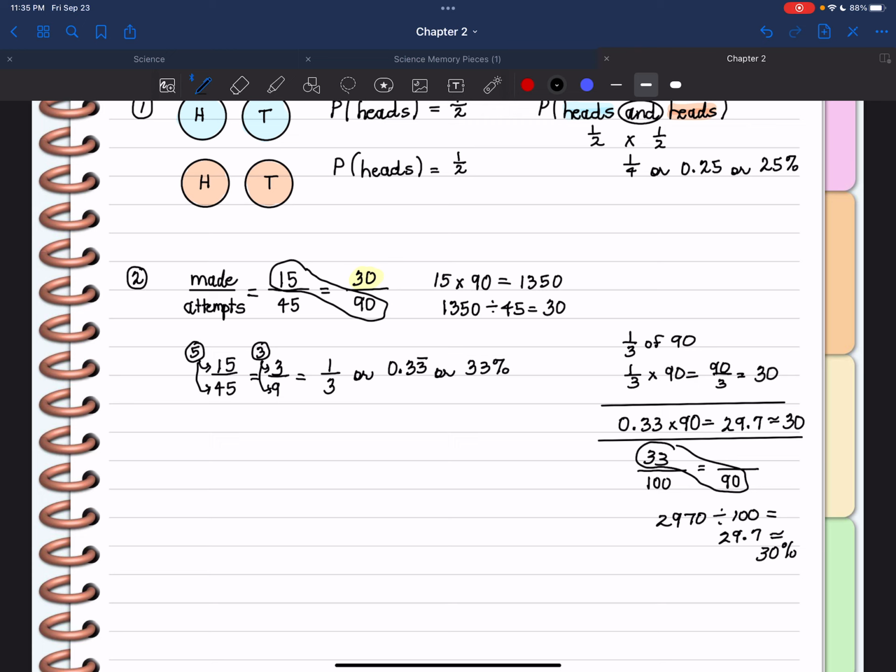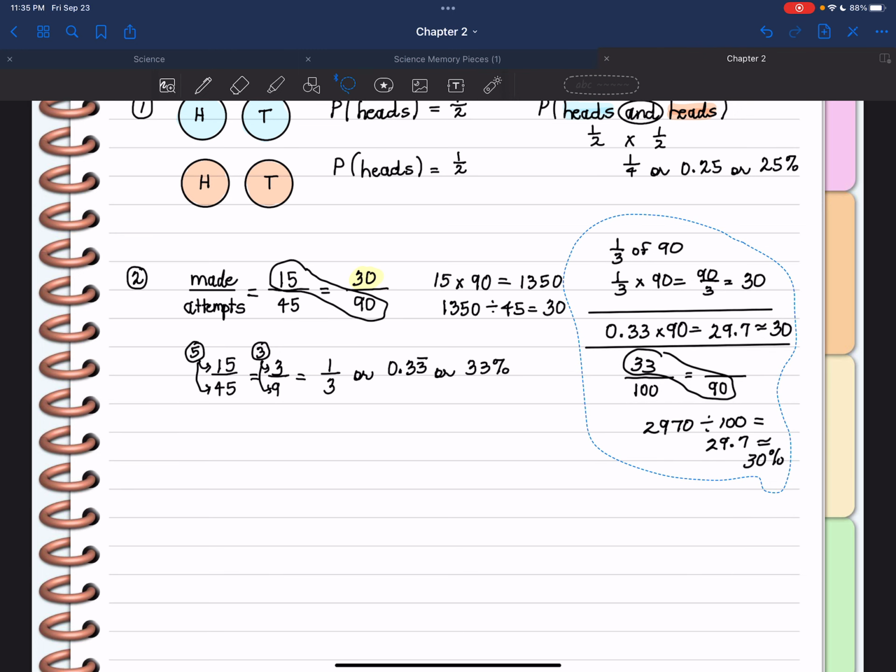So all of this math is the same thing. It's just written in different formats. And you can pick the one that you like, the one that makes the most sense to you. But at this point, I could say not 30%. That's 30 free throws that he would make out of 90. So any way you do it, that answer's 30.